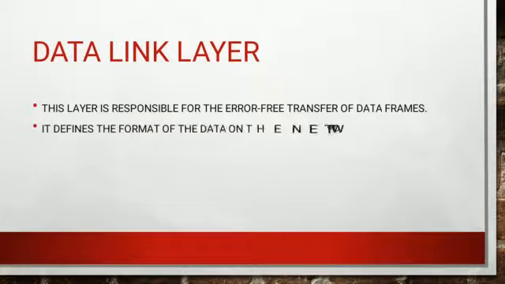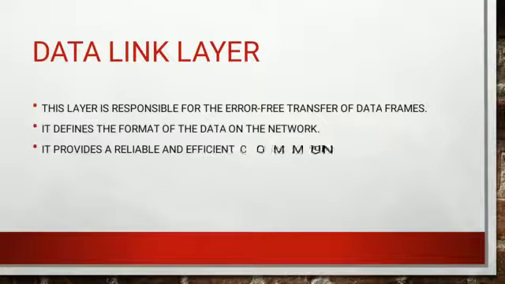It defines the format of the data on the network. So the data link layer's duty is to frame the data. While framing the data, we will add the MAC address. MAC means medium access control address of the sender as well as the receiver. MAC addresses are added as a header and trailer in this case.